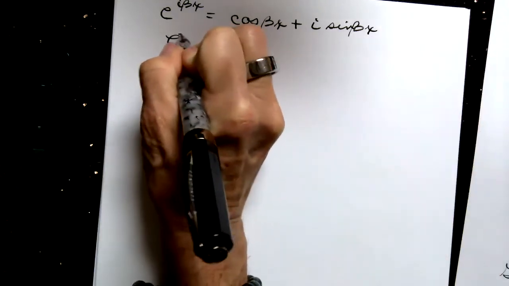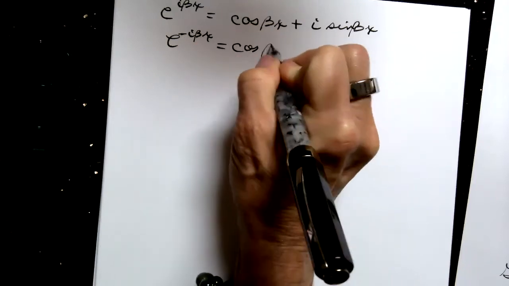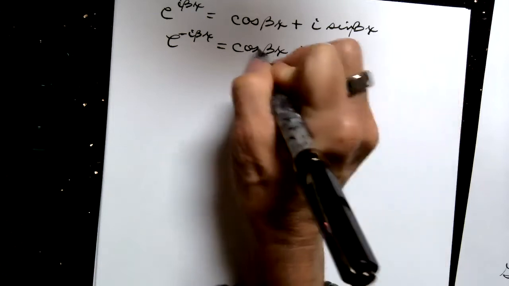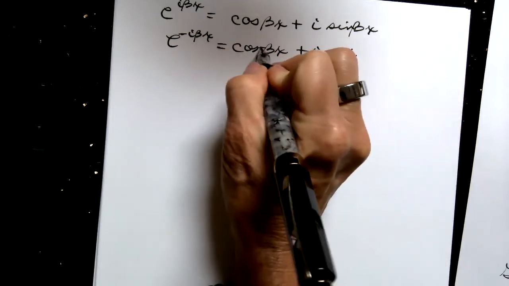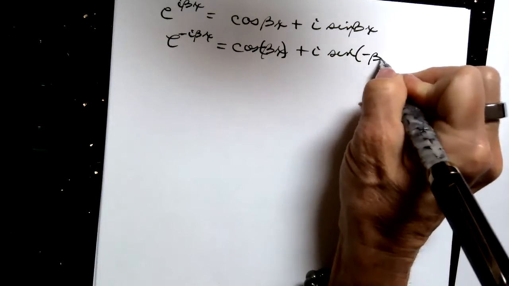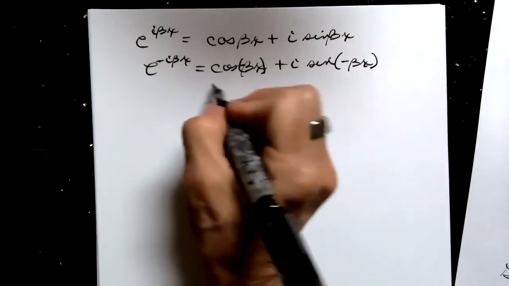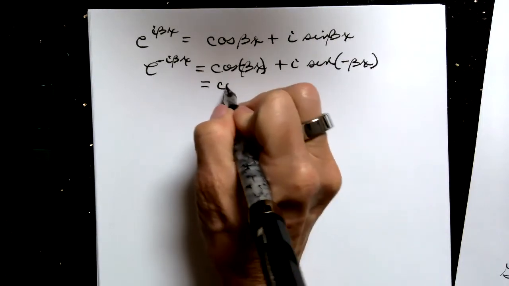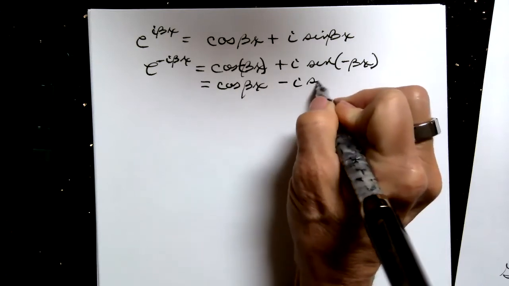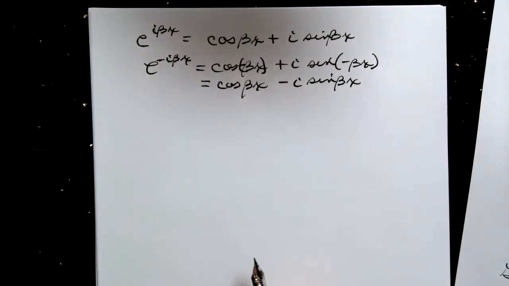And e to the minus i beta x is cosine of minus beta x plus i sine of minus beta x, except that cosine is an even function and sine is an odd function. So this becomes cosine beta x minus i sine beta x.